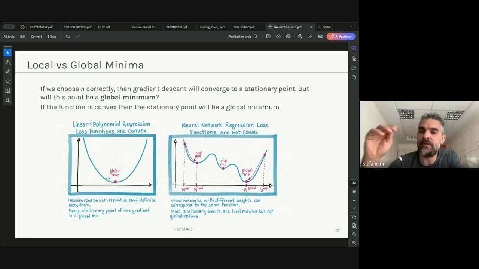In reality, what happens is the following: if you take two different starting points and you run SGD, you will end up at two different values of your optimal weights omega, okay? So you repeat your initialization 10 different times, you let SGD run for 1,000 iterations, then you look at your weights, and you will see that the weights are very, very different. Meaning that every time you have an initialization, you end up in a different local minimum.